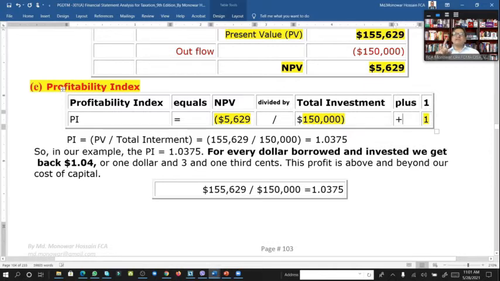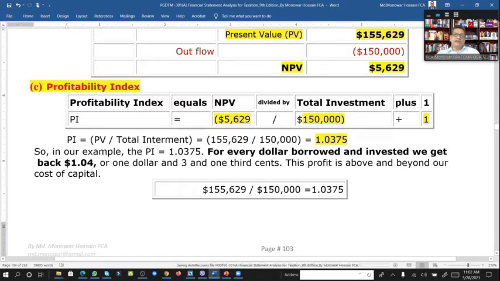This plus 1 means 100%. So after calculating this, what will we get? 1.037. This is the PI. If PI is more than 1, then that project should be accepted.